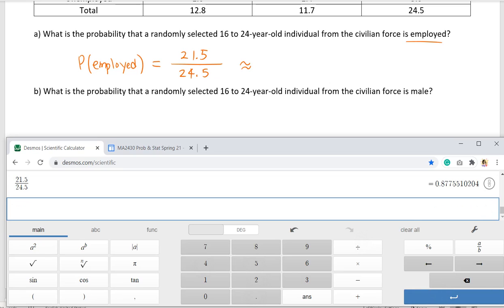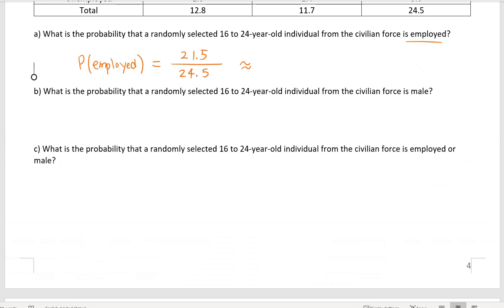The answer is 0.8776. If we keep 4 decimal places, we need to round up, right? 0.8776. So far, so good, everyone.